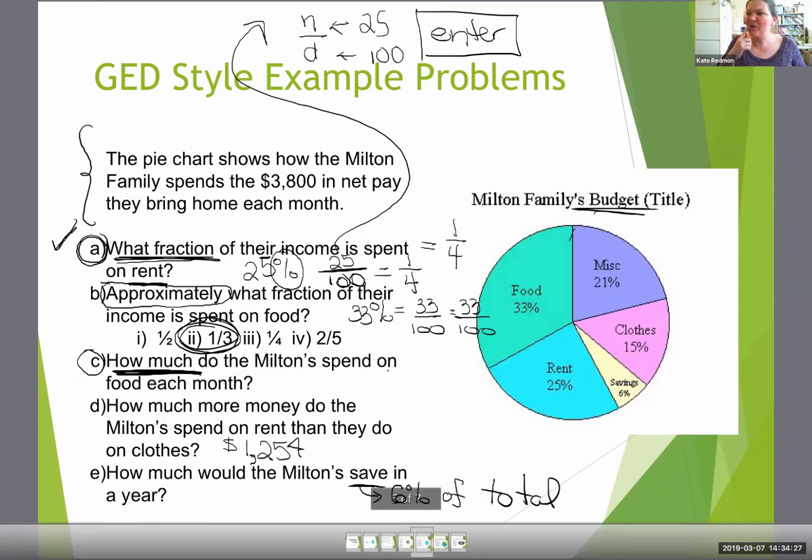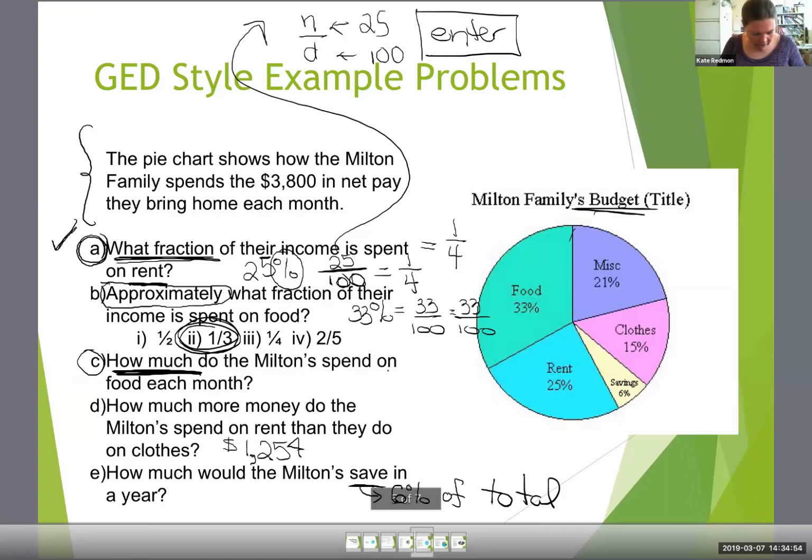Now go up and look at that total that I know. $3,800. What does that represent? That's how much they bring home each month. Month. That's a month. Watch out. So if I do 6% of that amount, I'm going to be finding the amount they save in a month, not a year. Does that make sense?